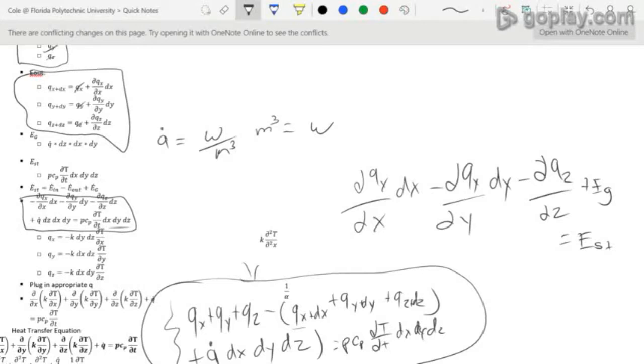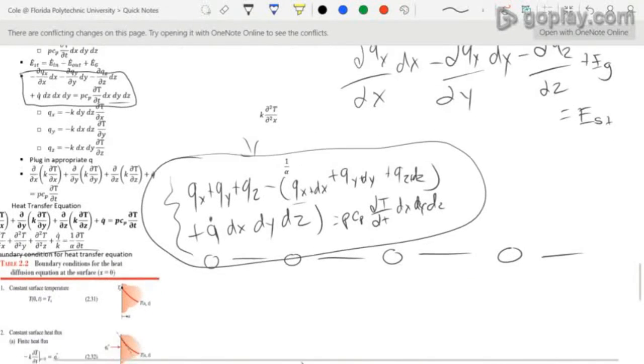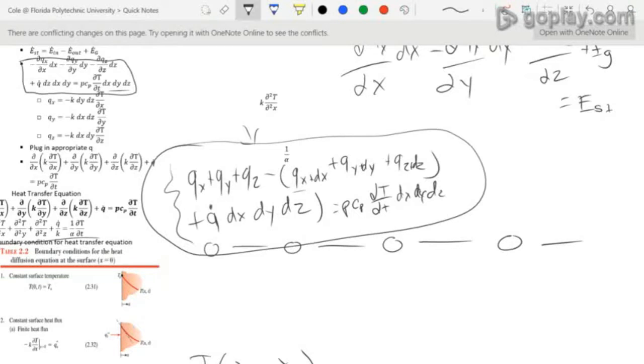And so the heat transfer in the x direction is equal to this. So you get your k times the temperature gradient with respect to x times this dy dz, that is the area. And so you're going to plug this q of x into that q of x up there. So I'll give you an example. I'm not going to write out the whole entire equation. So we'll do the q of x one.